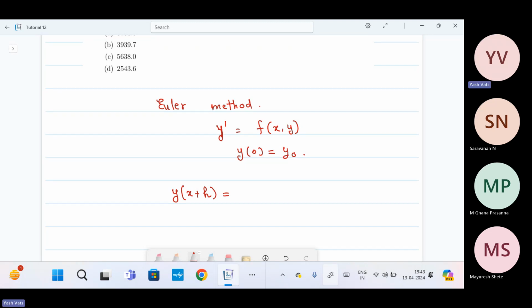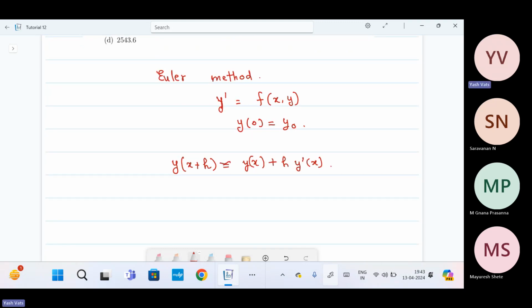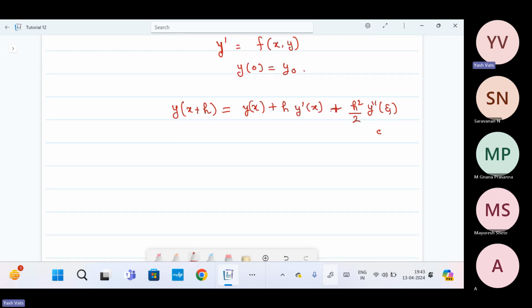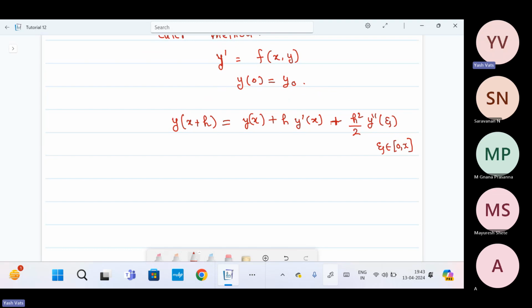Say x is some point, then y(x plus h) is y(x) plus h y prime(x) plus some remaining terms, which is your error term, basically.